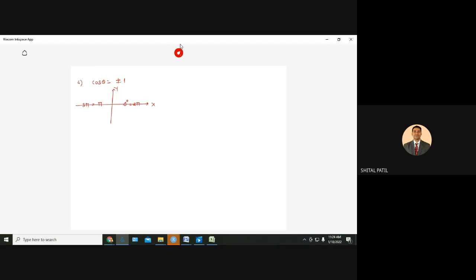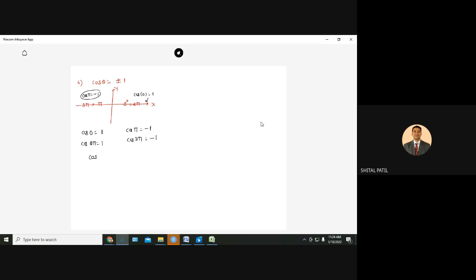We know that cos 0 equal to 1 here, and cos of pi equal to minus 1 here. So cos of 0 is 1, cos of pi is minus 1, cos of 2 pi is 1, cos of 3 pi is minus 1, and so on.